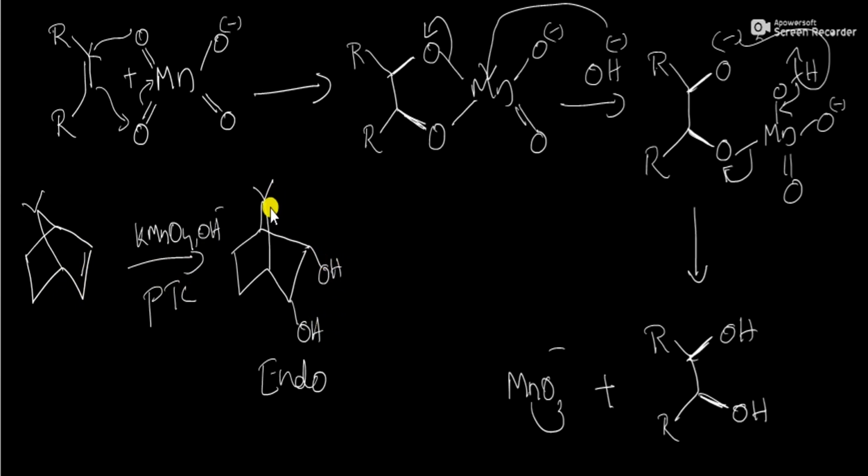Since this is our steric hindrance area, the product will be endo. That's all about oxidation of olefins to 1,2-diols. Hope it is clear. Thank you.